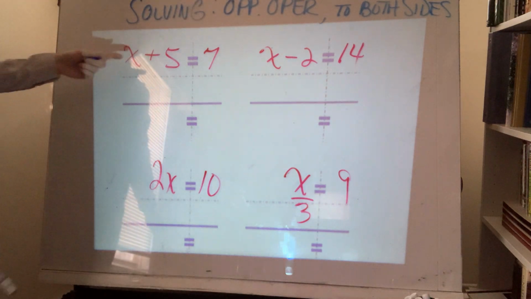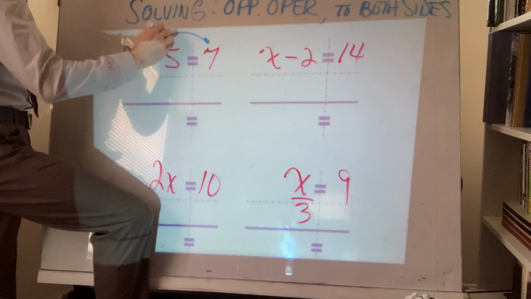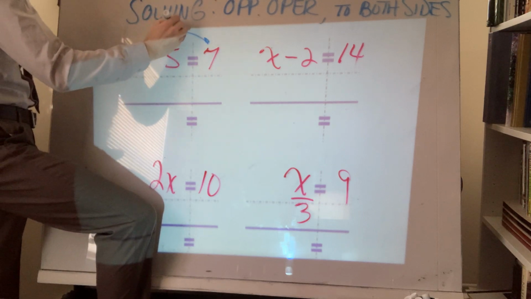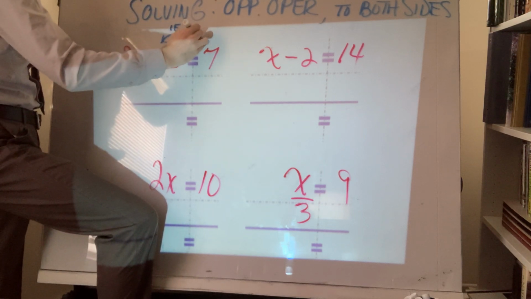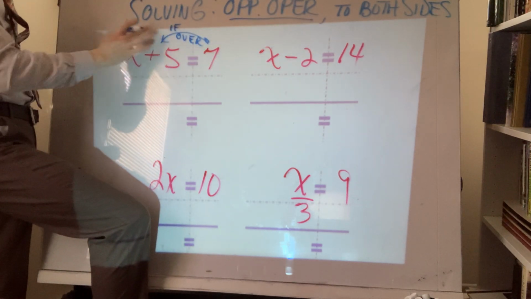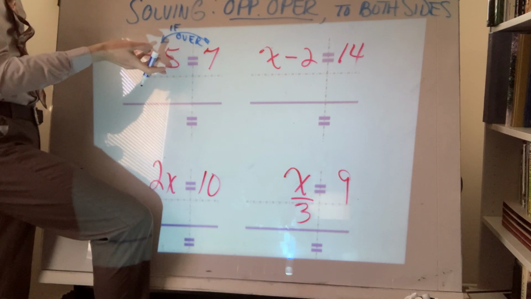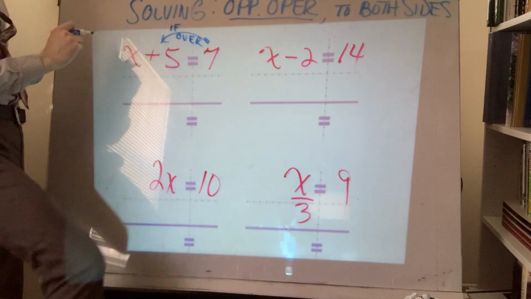If I want to justify moving something over the equals, if you're going over, then you really must employ an opposite operation. If you were, for whatever reason, sticking around on one side or the other, then you do simplifying technically, and you're just going to use regular operations.